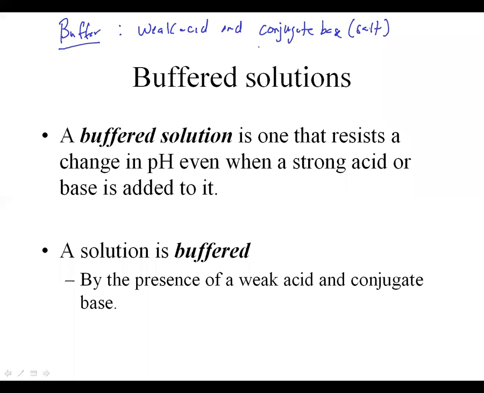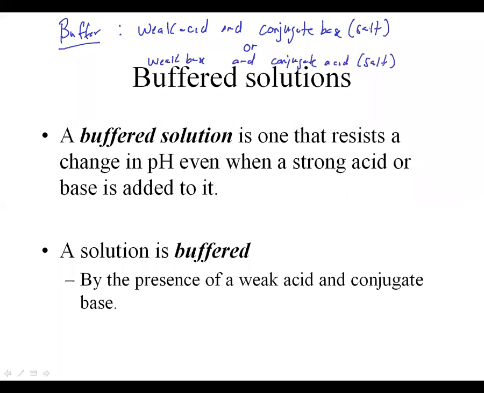Or it may be referred to as, are made up of a weak base and its conjugate acid. Or again, the salt of its conjugate acid.